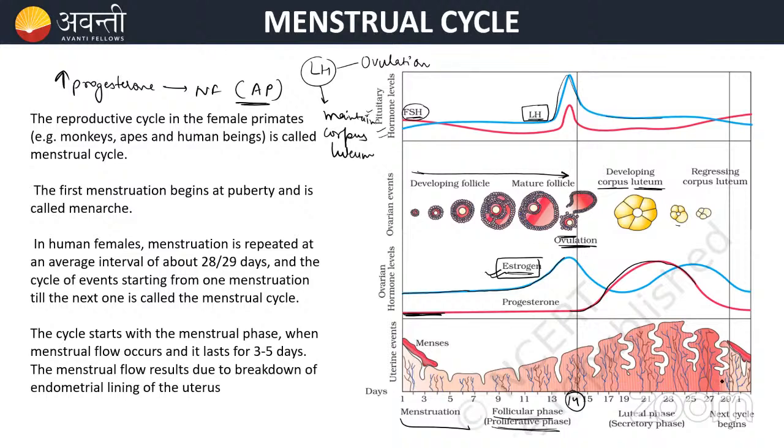So you can see the level of progesterone drops. And when the level of progesterone drops, the endometrium, which was well developed, starts shedding. And when the endometrium sheds, it leads to menstruation. So this is the beginning of the next cycle.